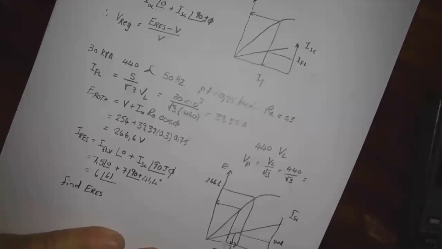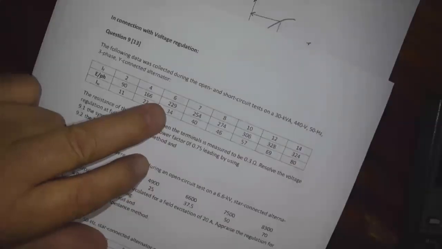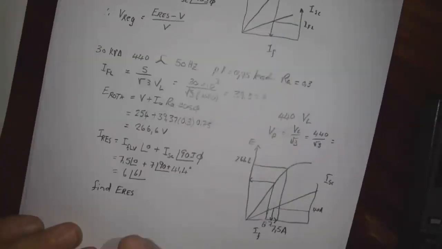That one was 7, this one is 6. So now, fortunately, we have a voltage there at 6. So this is going to be right. Probably.